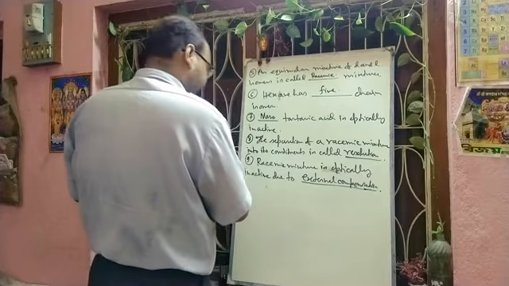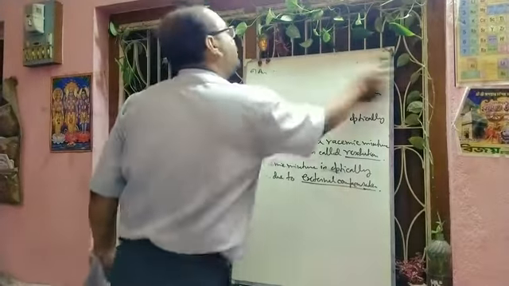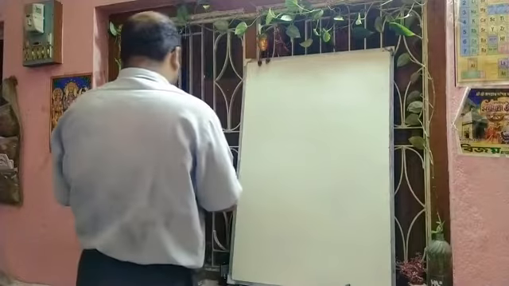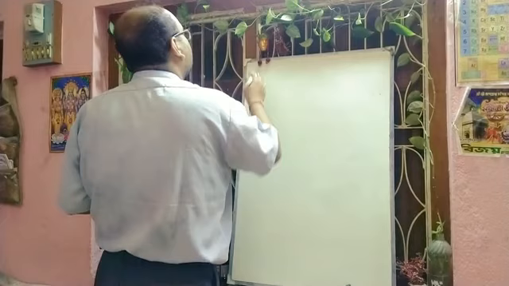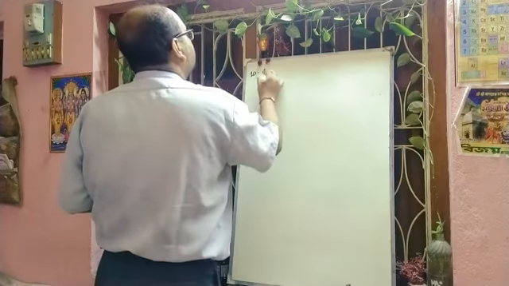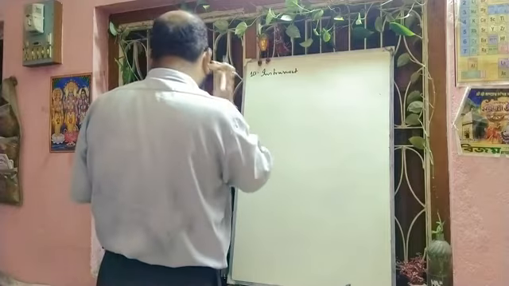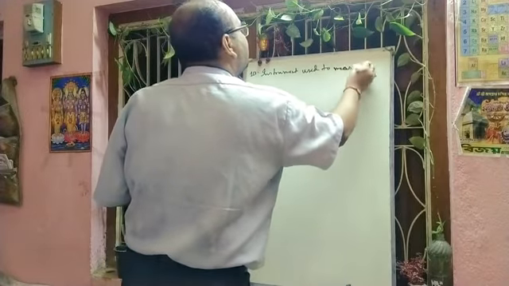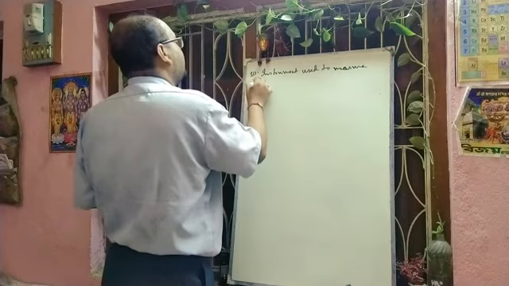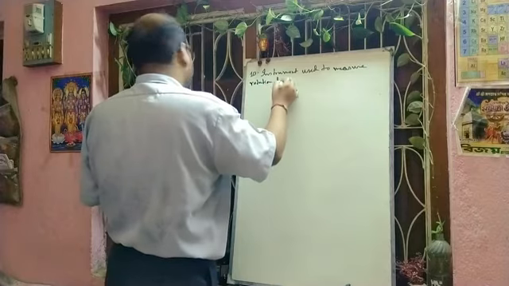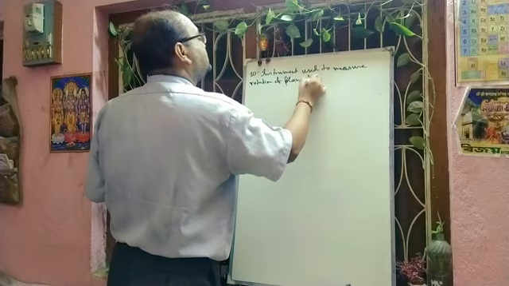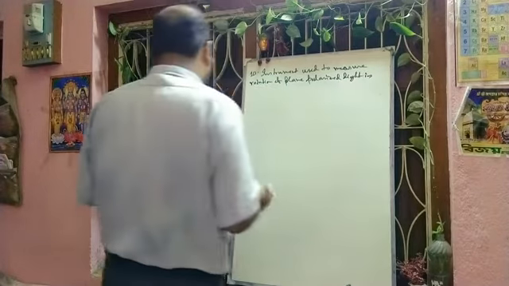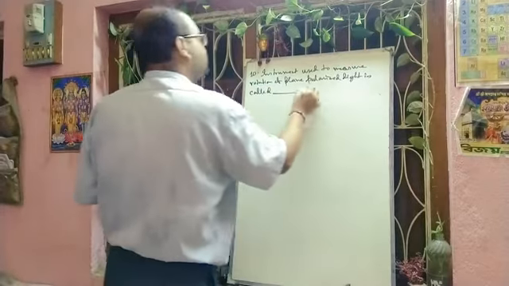Next question, question number 10. The instrument used to measure rotation of plane polarized light is called dash.